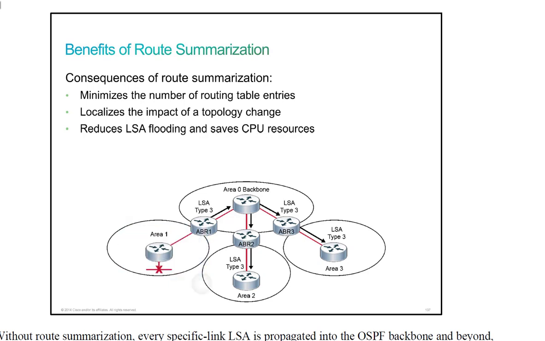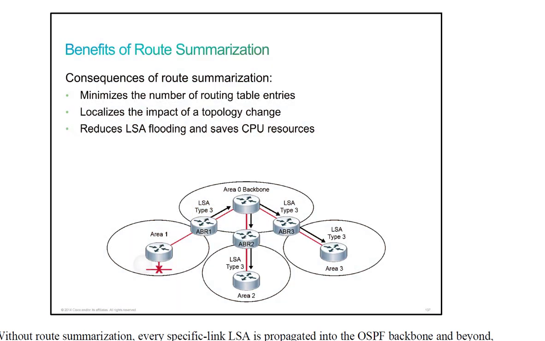I've got a bunch of routes in Area 1, maybe 1,000 routes in Area 1, and I've created a Type 3 LSA to summarize all of those Area 1 routes. Let's say that that Type 3 LSA is a single route that represents all 1,000 of those networks.